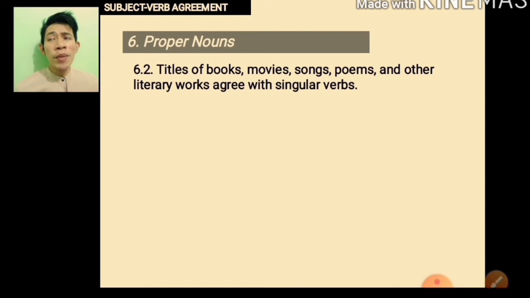Next. Proper nouns when it comes to titles of books, movies, songs, poems, and other literary works agree with singular verbs. Again, if the sentence has the subject of titles of books, movies, songs, and poems, the verb that we'll be using is singular.